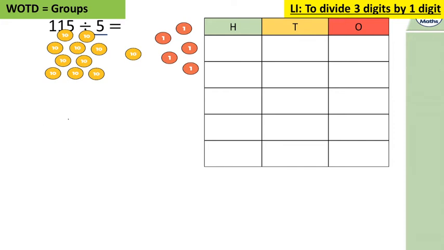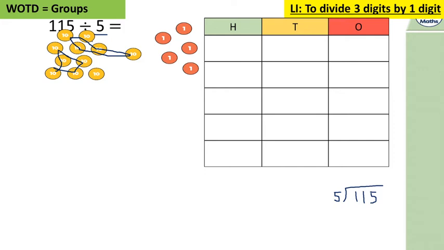So let me, where can I put the bus stop method? I don't think it's going to be covered up. Let's put it over here. So 115 divided by 5. Hopefully the part-whole model is not going to appear on top of there. So now I need to look, how many groups of 5 have I got? 1, 2 groups of 5.